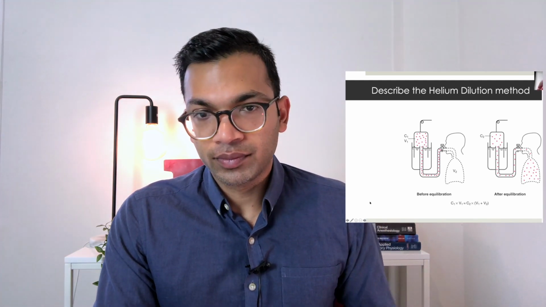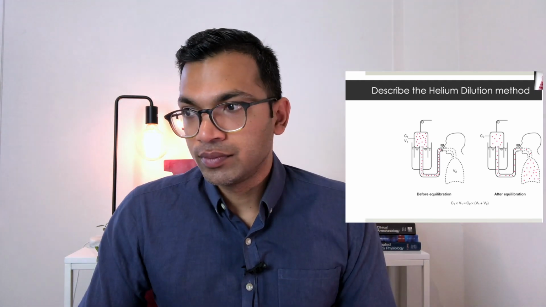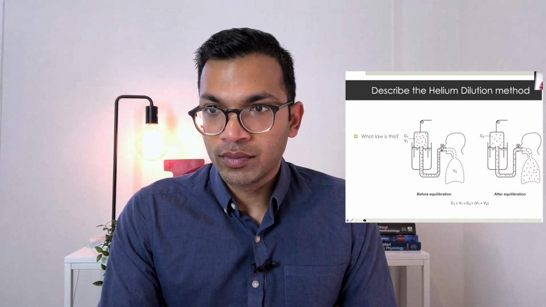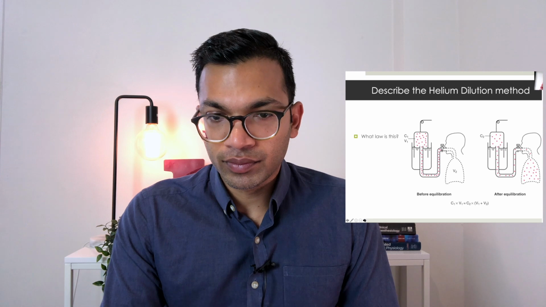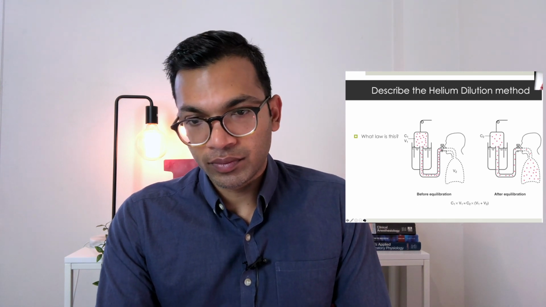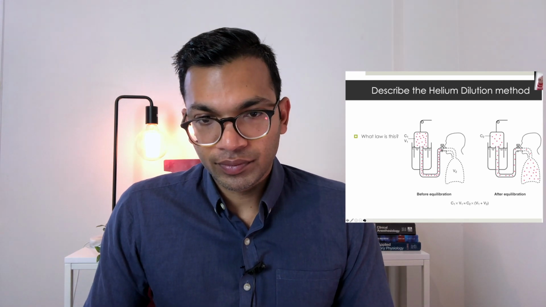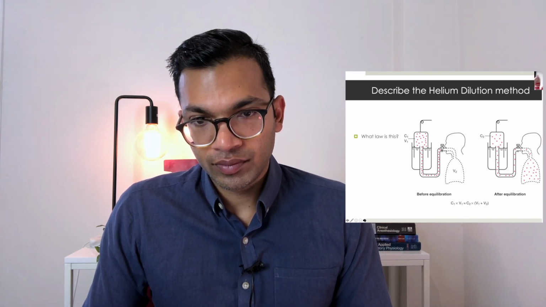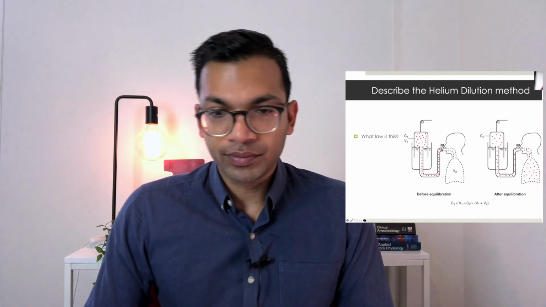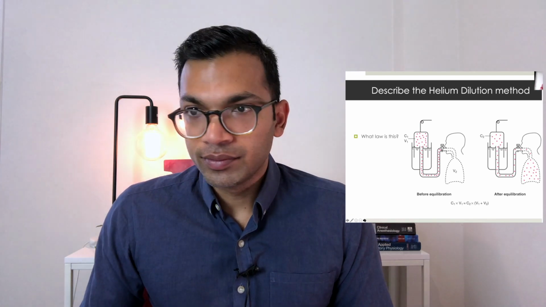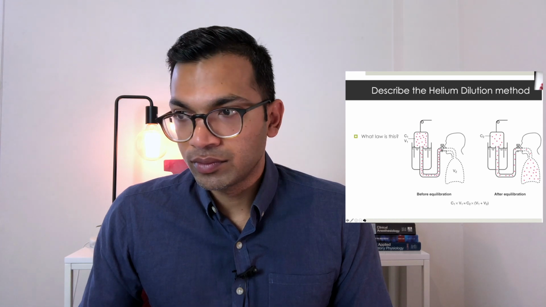So first of all, the helium dilution method works on a principle of the formula C1 times V1 equals C2 times (V1 plus V2) in brackets. So concentration 1 times volume 1 equals concentration 2 times volume 1 plus volume 2. Oh yeah, like you got down there. And that works on the law of the conservation of mass.